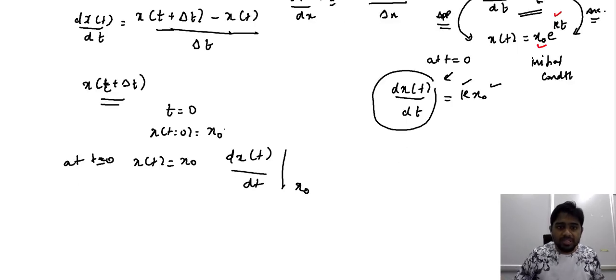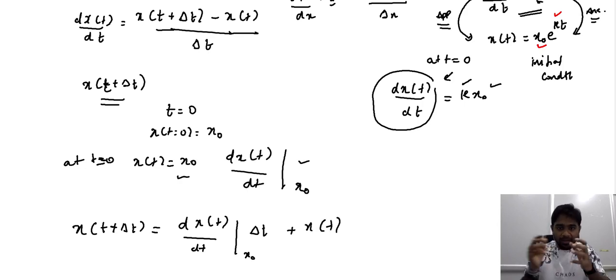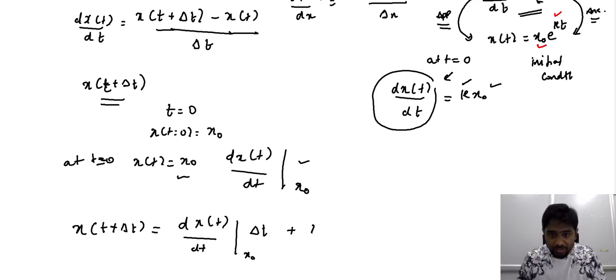Now when both these are known, we can rearrange this expression in such a way that x, the number of nuclei at an unknown time t in the future, is nothing but the nucleation rate at the initial condition times the time step width plus the number of nuclei at the given time t, and since this is the initial condition, it will be x naught.